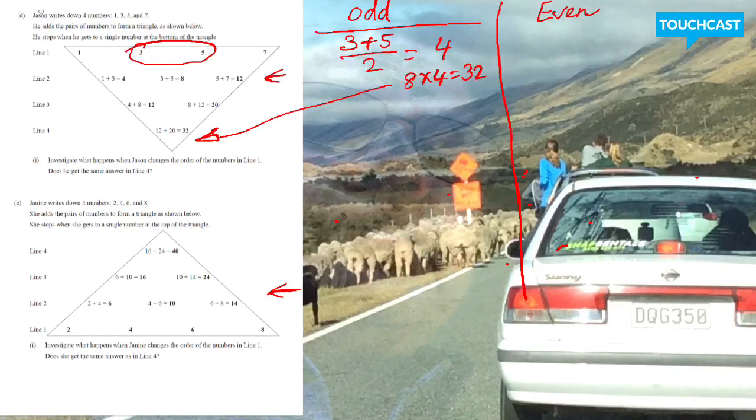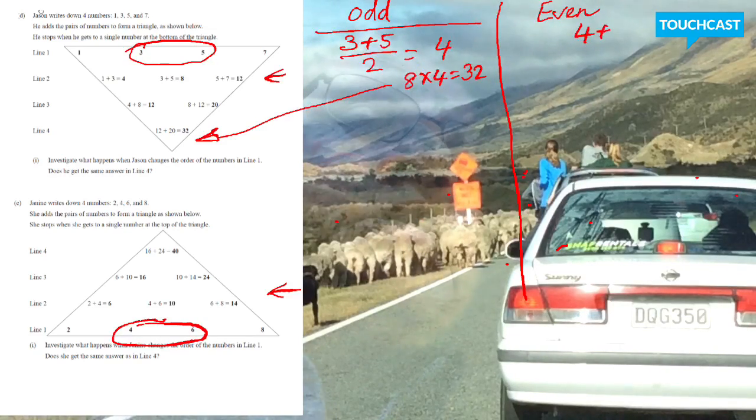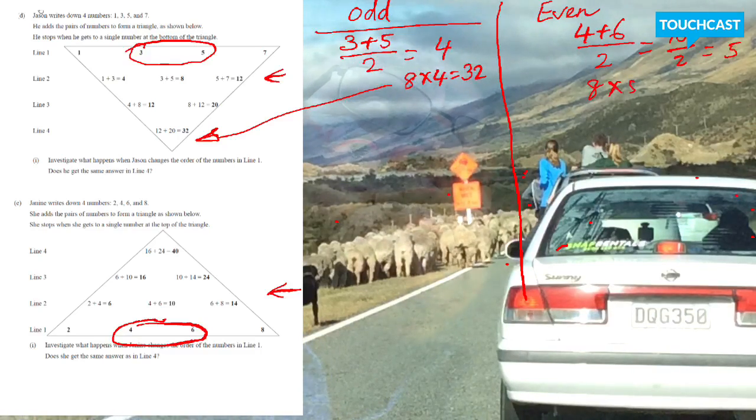Now, let me try the same theory over here. The median of that data is 4 plus 6 is 10, divided by 2 gives you 5, 8 times 5 gives you 40. Works absolutely fine.